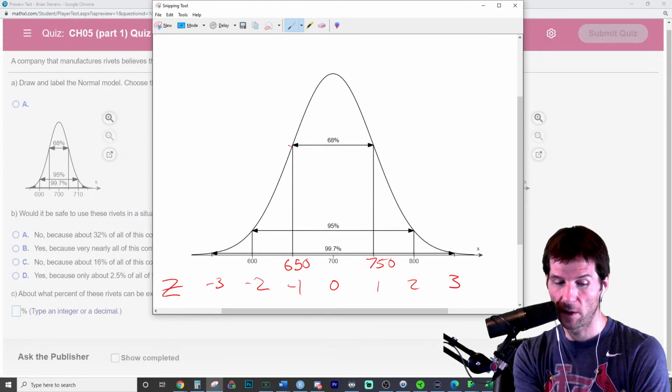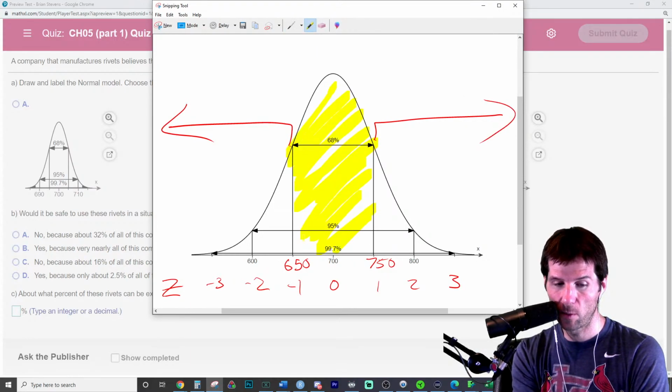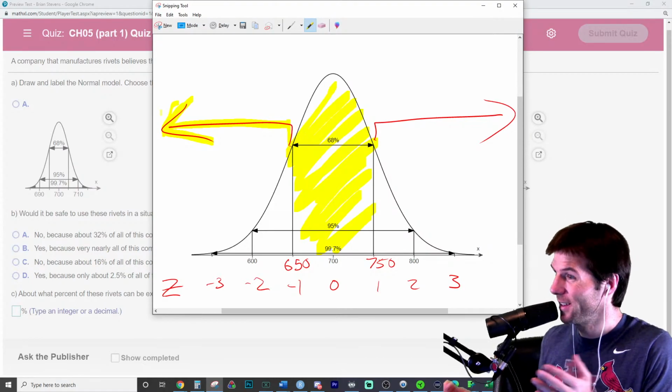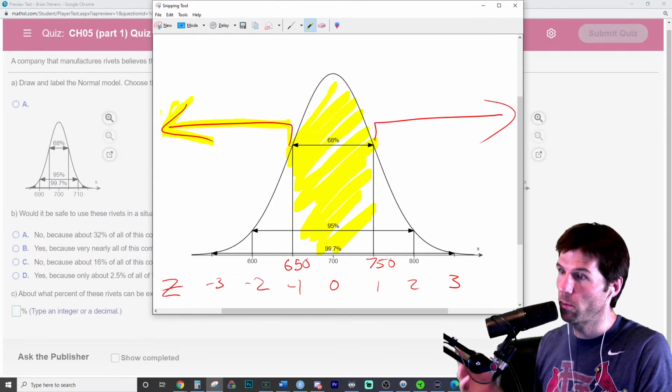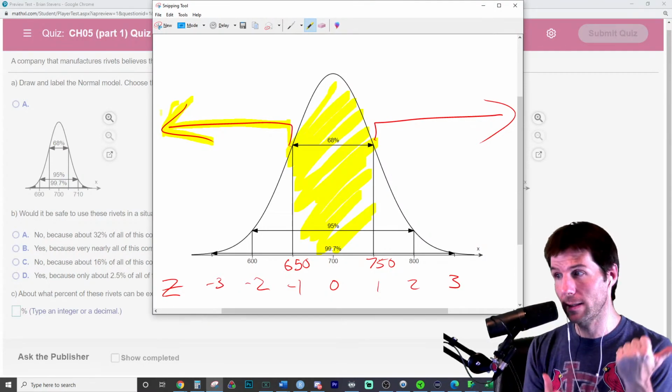And then we would see here, how many of the rivets would not meet this? Well, here's a hint. 68% of them would meet it. And then how many would be below it? What percent of rivets would be below this amount? If 68% is on the inside, it's a repeat question from earlier. What would be below -1? 68 inside, 32 outside.